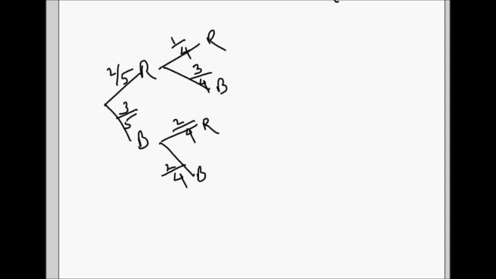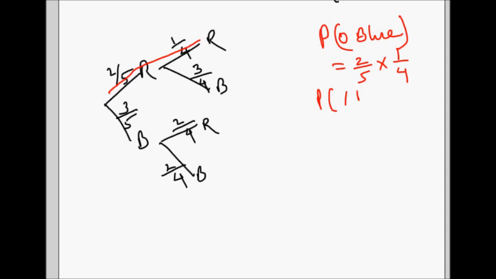So in the case where we are looking for 0 blue, it would be this branch, right? Therefore the probability of 0 blue would be 2 over 5 times 1 over 4. Okay, the probability of 1 blue would be the branches of this or this, right?